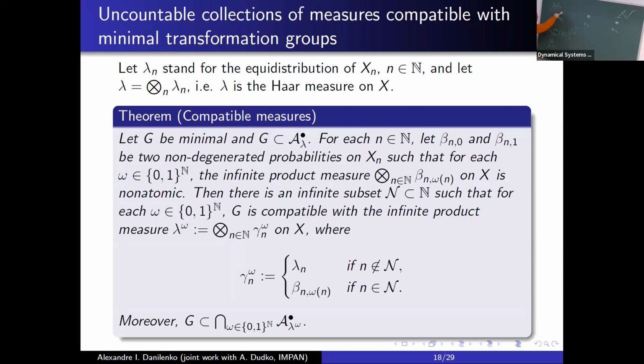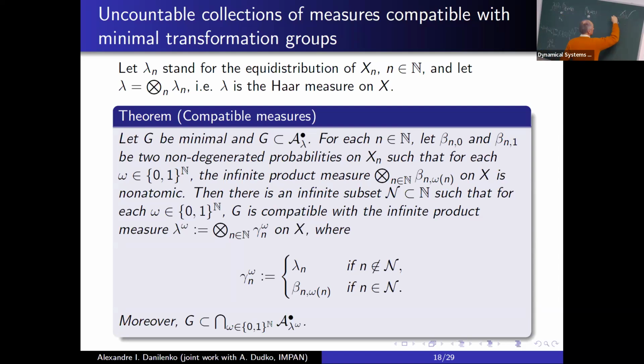But in coordinate N1, we put beta n, and here we take omega n. Here we put beta 1, omega 1. Here is beta 2, omega 2.